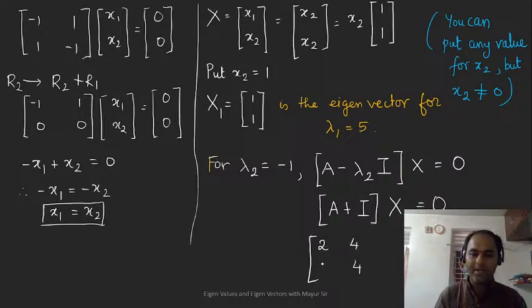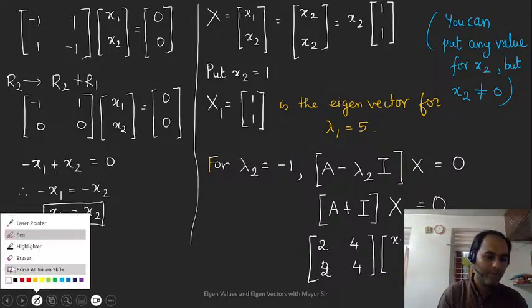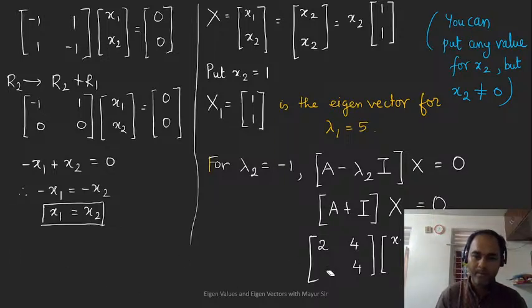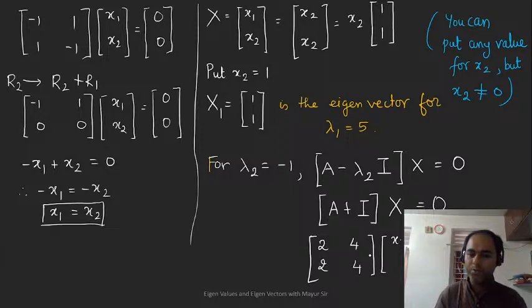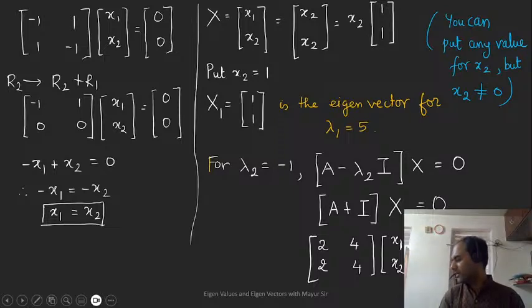Other elements stay as they are, do not change them. Here there is 2, and the other elements are the way they are, and 0, 0.